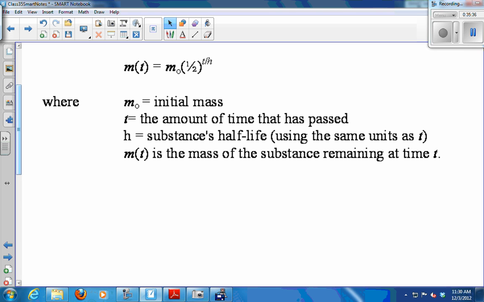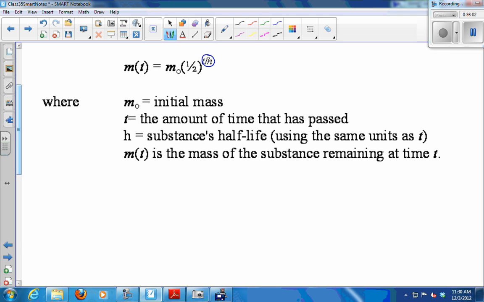So M0 is your initial amount, and then you're going to multiply it by 1/2 over and over again. You're halving it. And the number of times you halve it is you take the t, the amount of years that have passed, and you divide by the half-life, the number of years it takes to halve.